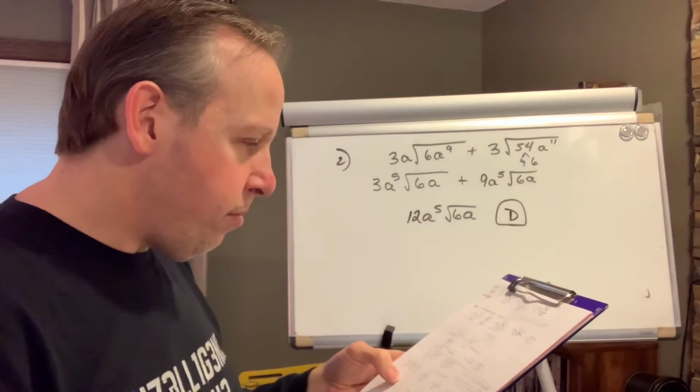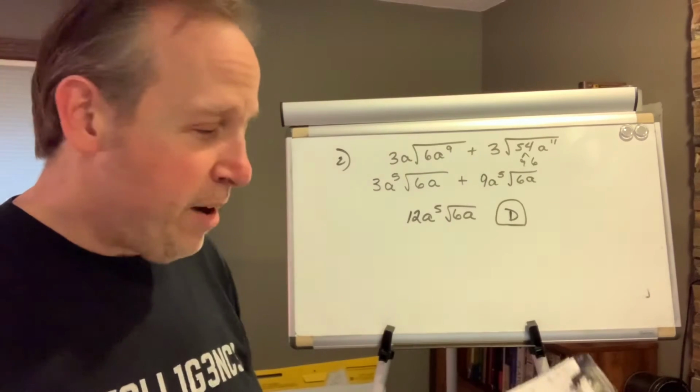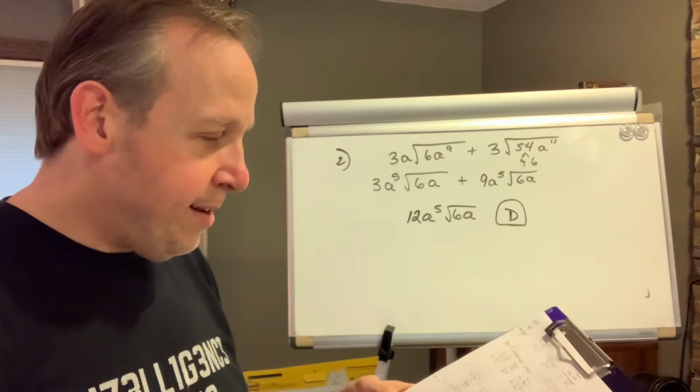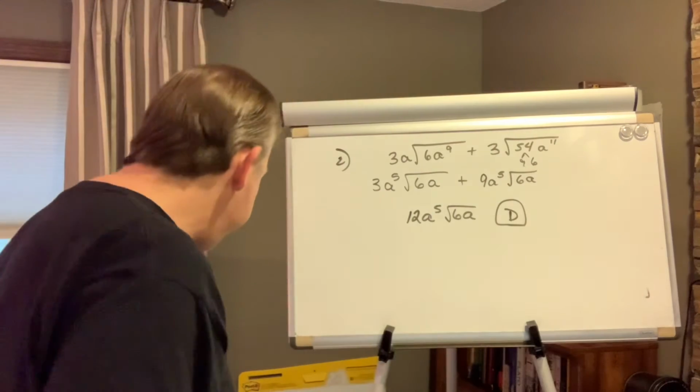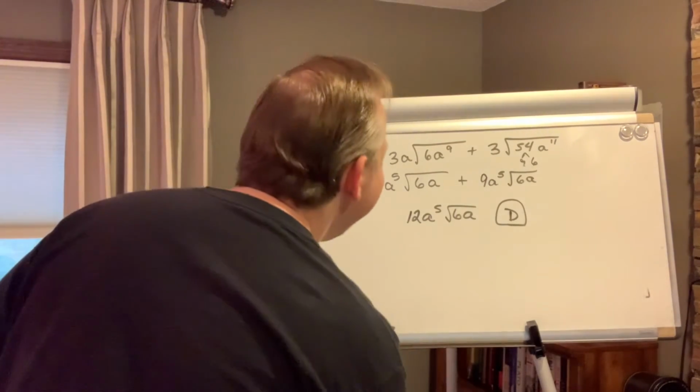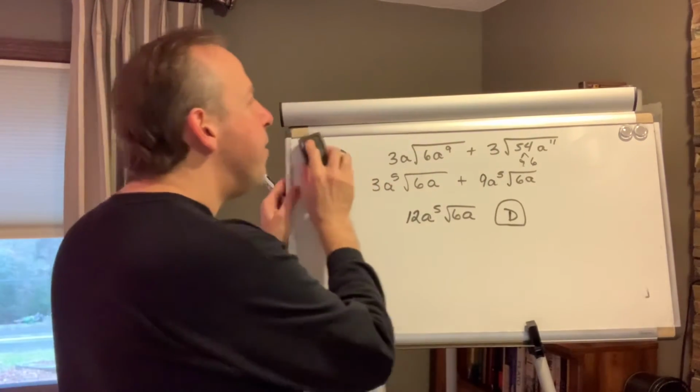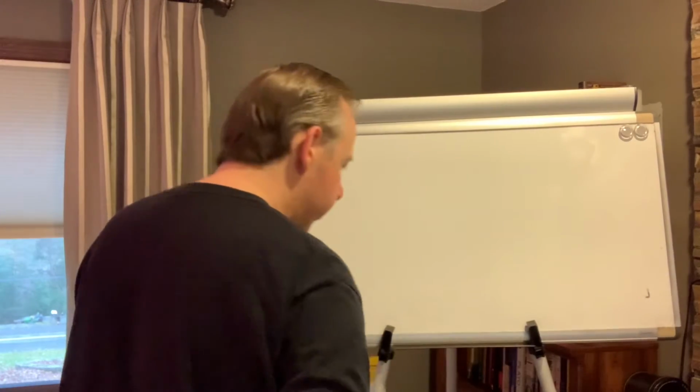Okay, number 3 is the last reducing a radical one, and I'm sure that we didn't love these all that much, but it's a skill that is expected for the SAT. Let's try this one.